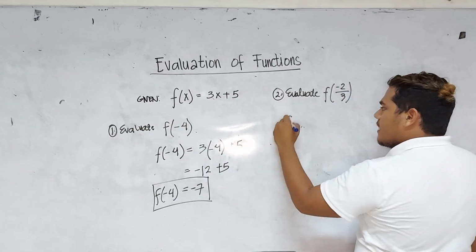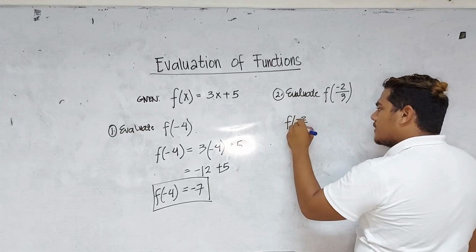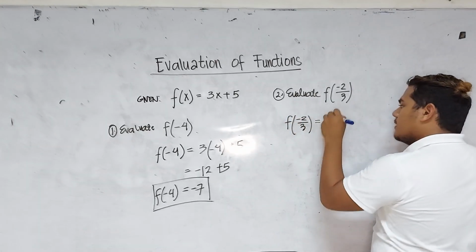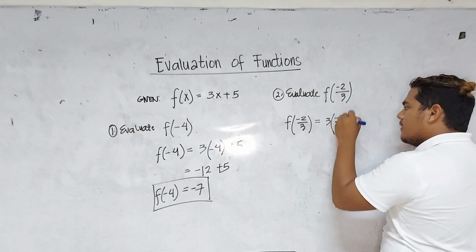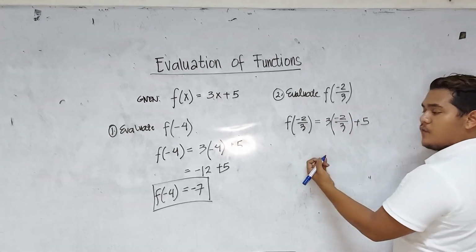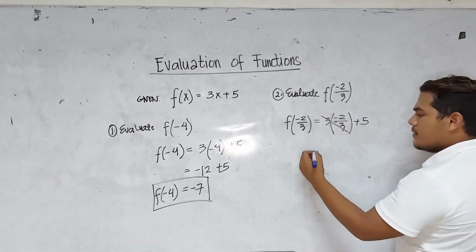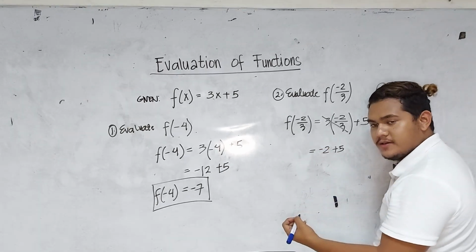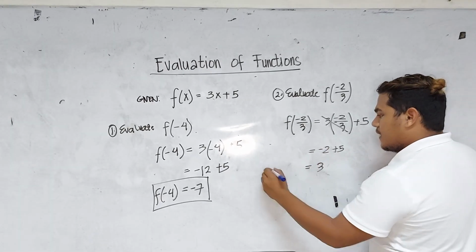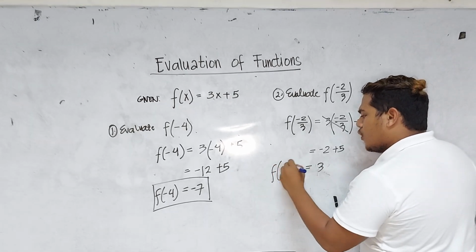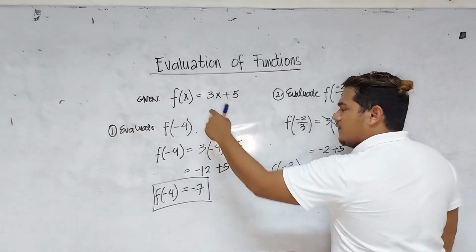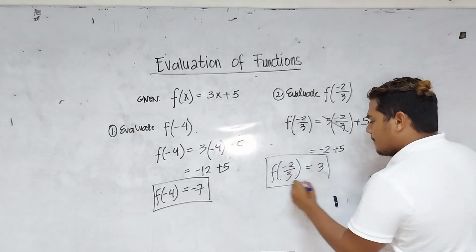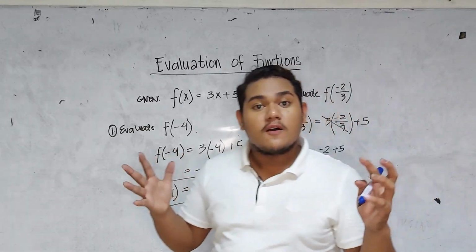Now this becomes f of negative 2 over 3 is equal to 3 times negative 2 over 3 plus 5. What happens next? Cancel the 3, negative 2 plus 5. Negative 2 plus 5 is equal to positive 3. Therefore, f of negative 2 over 3 in this given function is equal to 3. That is how you evaluate functions.